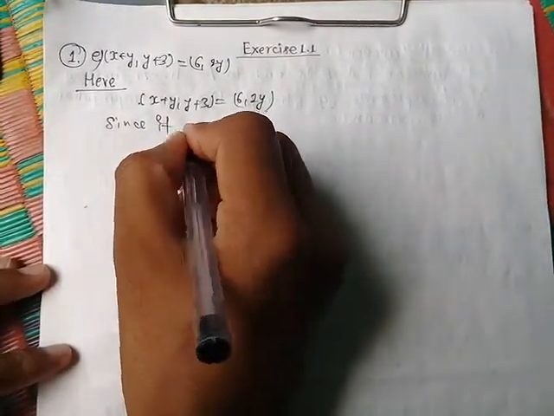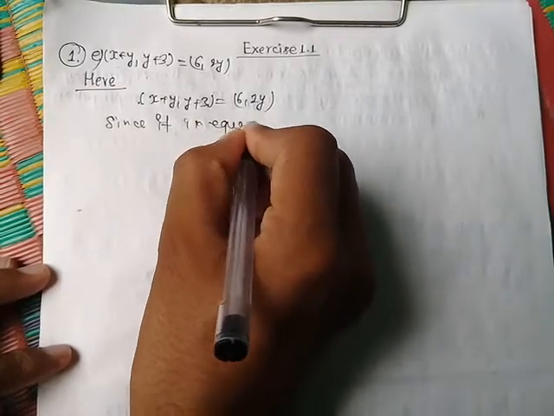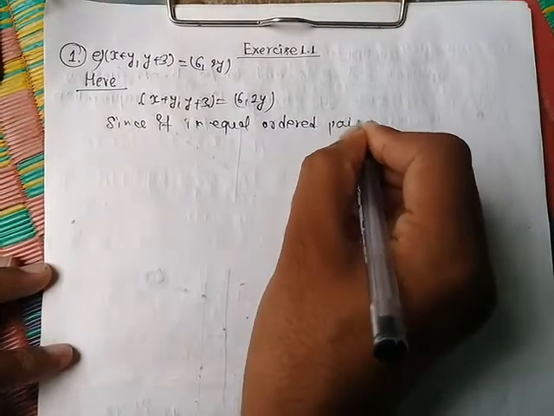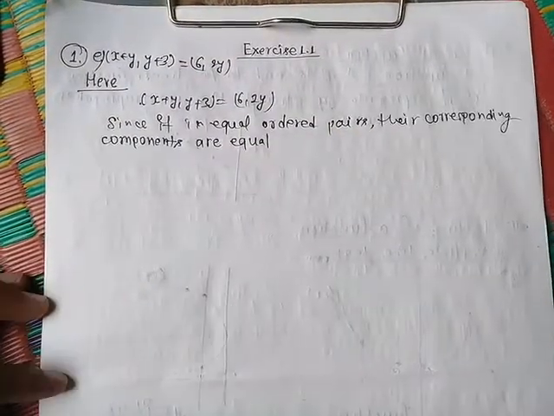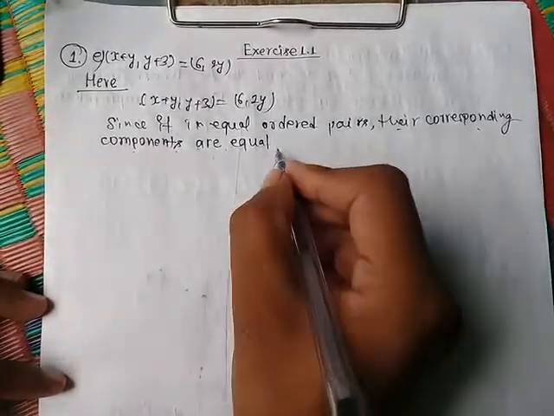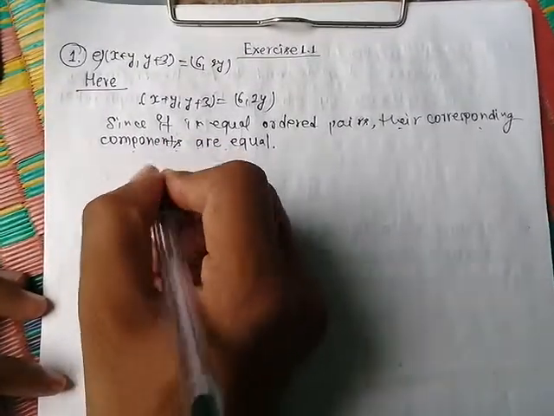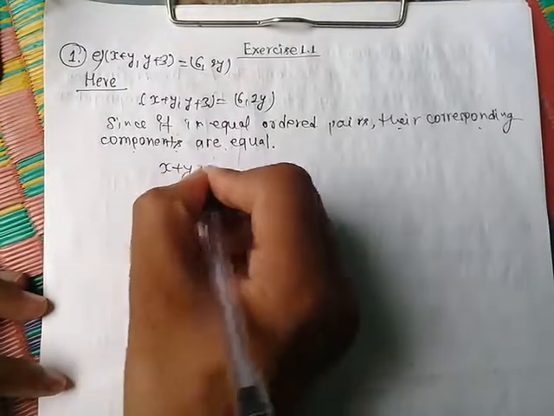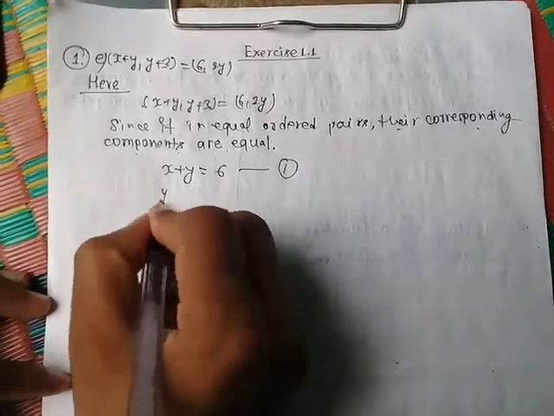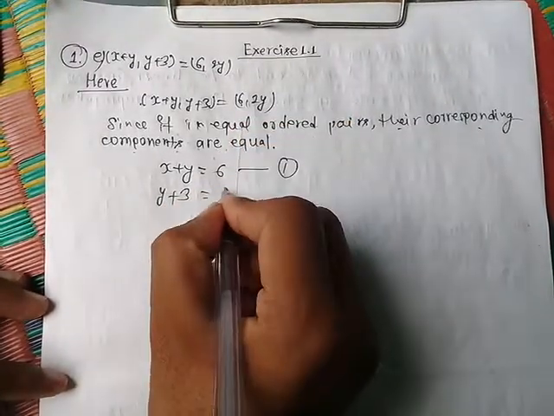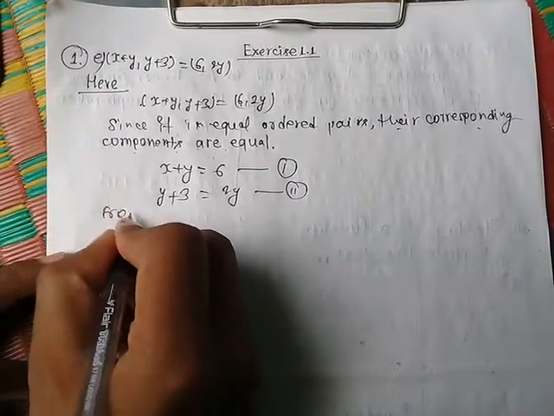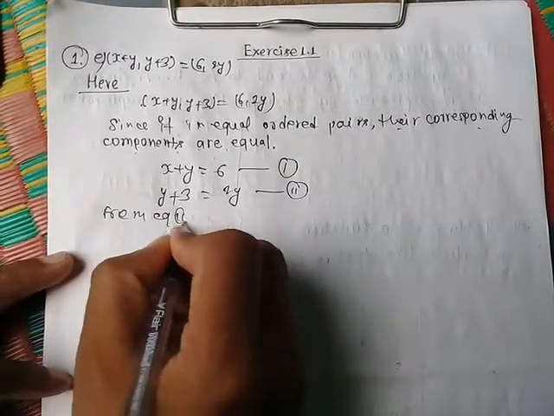Since it is equal ordered pairs, their corresponding components are equal. So it can be written now: x plus y should be equal to 6, equation 1, and y plus 3 is equal to 2y, equation 2.